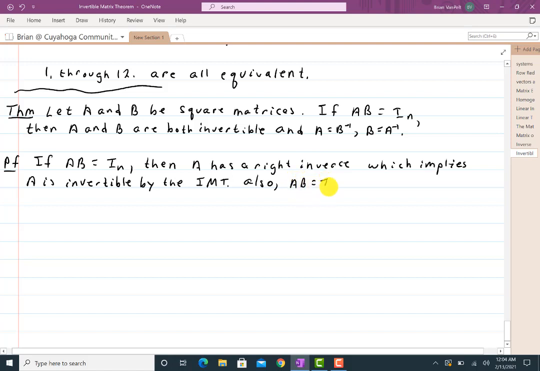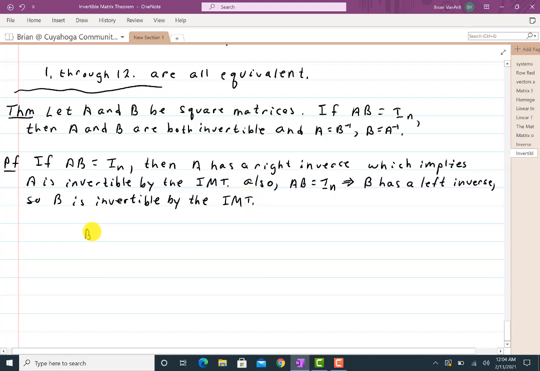AB equals I_N implies that B has a left inverse. So B is invertible by the invertible matrix theorem.